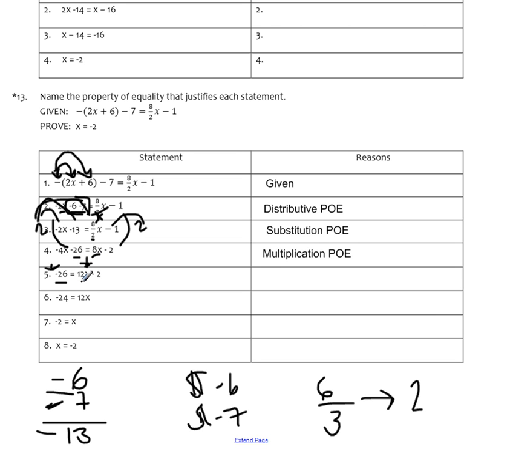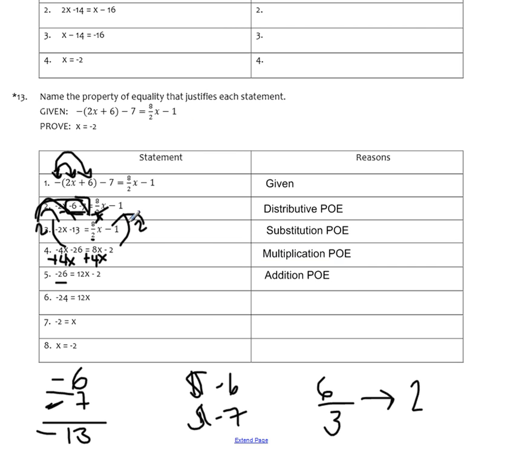That means it has increased to 12x. And the negative 2 and the negative 2 have stayed the same. So when we have increased, that means we added somewhere. So that came from this negative 4x here, undoing the subtraction of 4x by adding 4x to both sides. So this is the addition property.